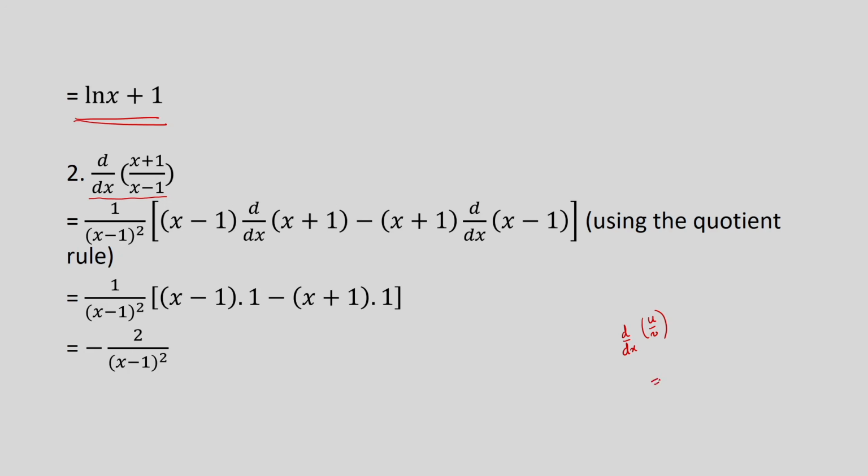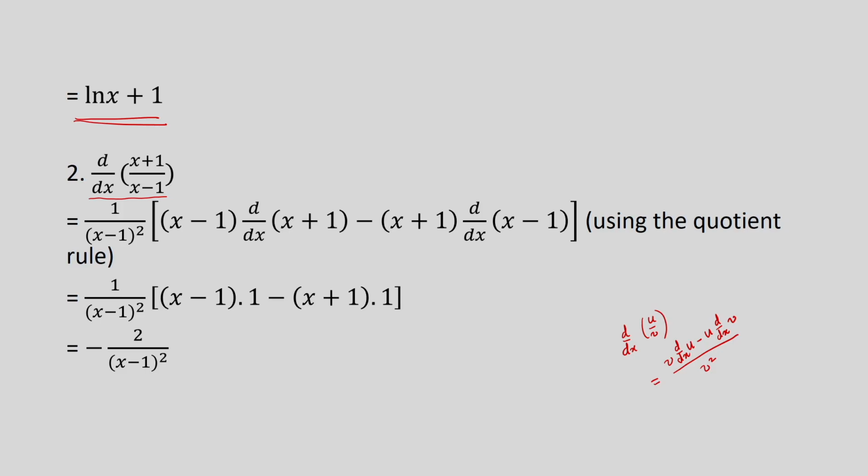The quotient rule tells us that this is 1 divided by v square multiplied by v d dx of u minus u d dx of v, all right.